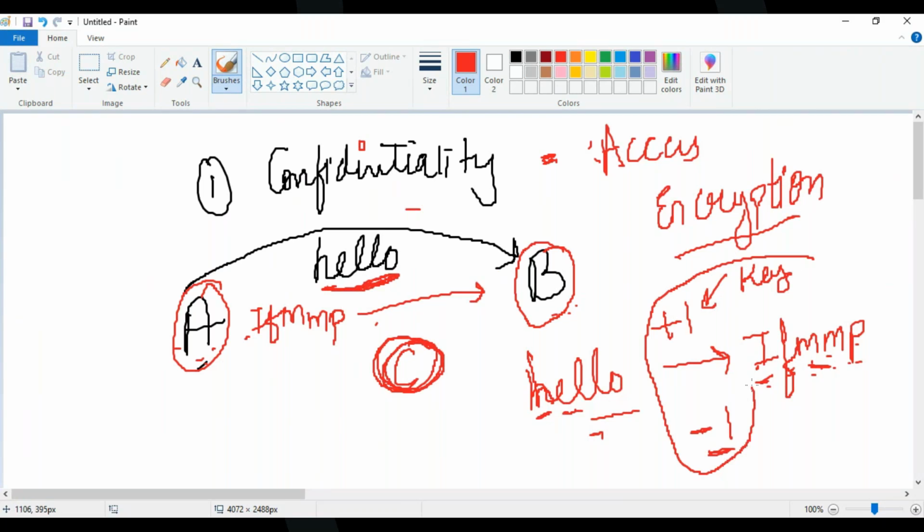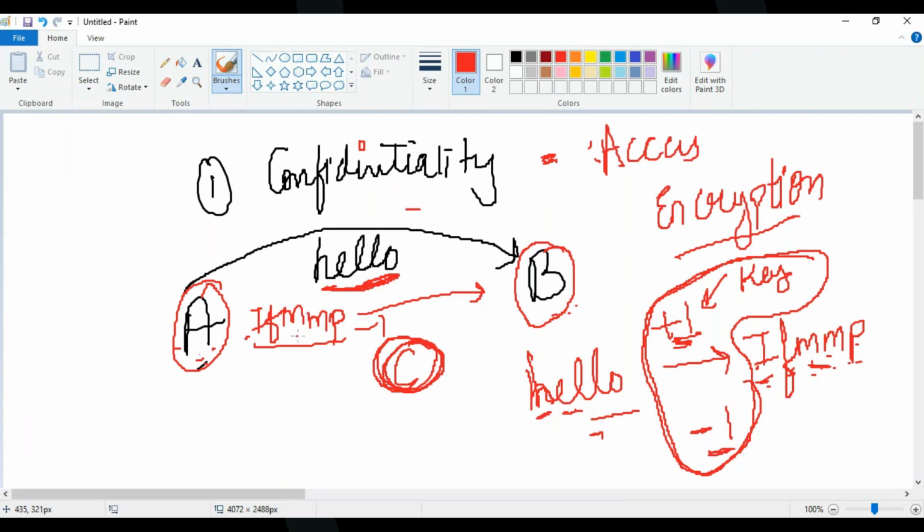It's just an example that I have given to you, right? It's not the truth. I've just given an example that we used some kind of keys to convert into the unreadable format, I mean encryption and decryption. So A will send this IFMMP to B with its decryption key, that would be -1.